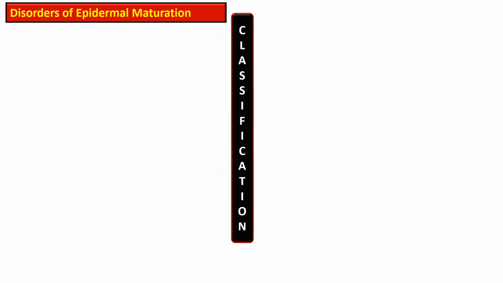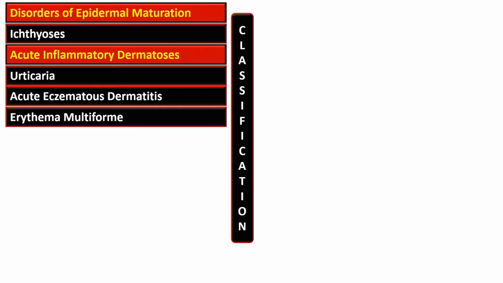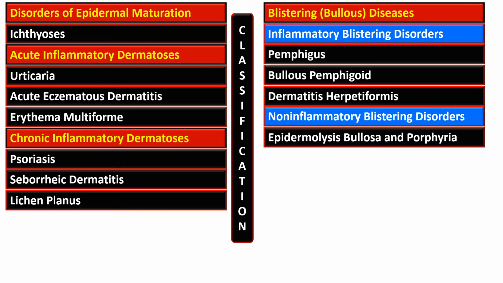Another way to classify the lesions of the skin is the disorder of epidermal maturation, that is ichthyosis. Acute inflammatory dermatoses include urticaria, acute eczematous dermatitis, and erythema multiforme, while the chronic inflammatory dermatoses include psoriasis, seborrheic dermatitis, and lichen planus.